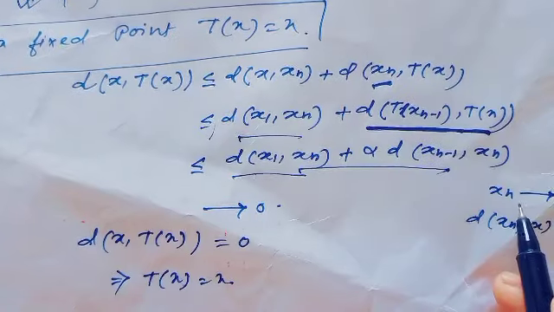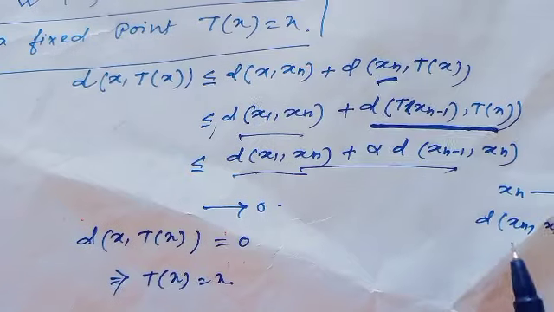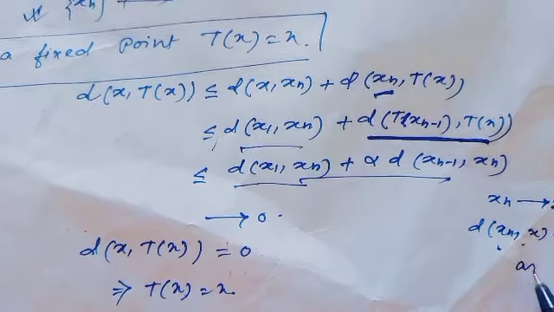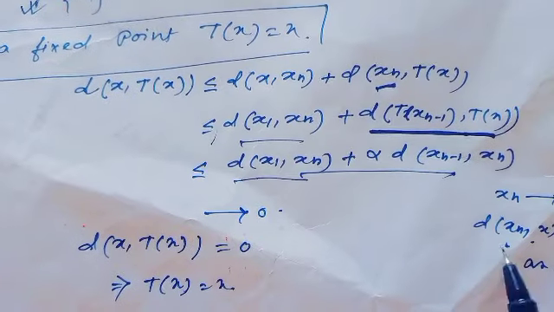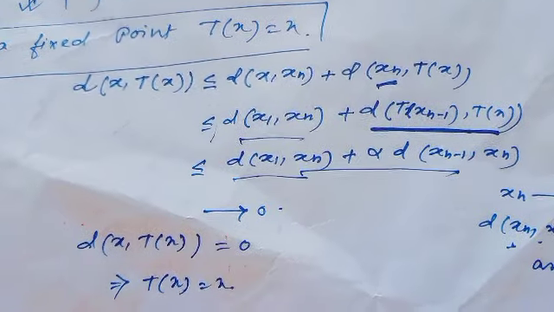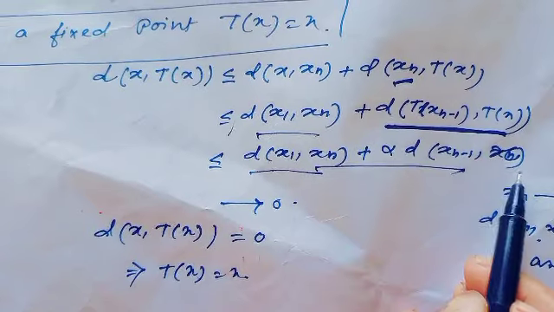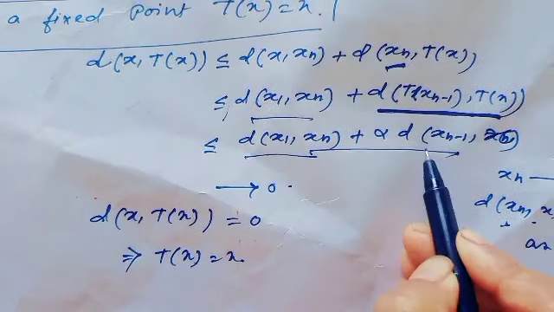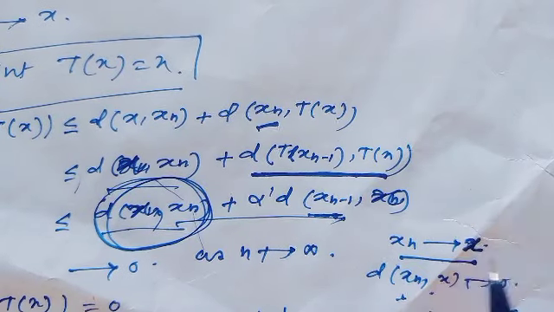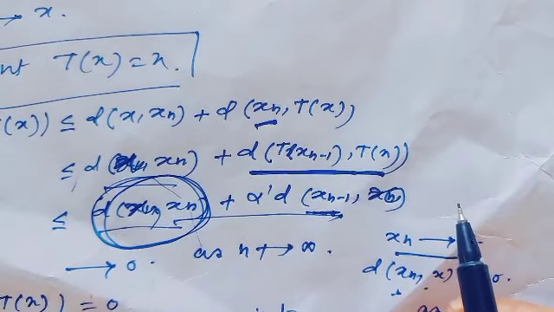And since xn goes to the limit point x, that means the distance between xn comma x tends to 0 as n tends to infinity. Likewise, the distance between xn minus 1 comma x, just one term before. Since xn tends to x, therefore xn minus 1 also tends to x.